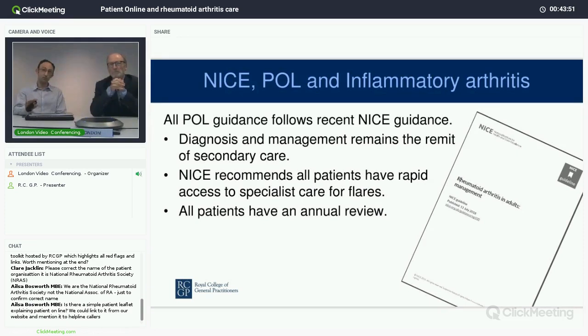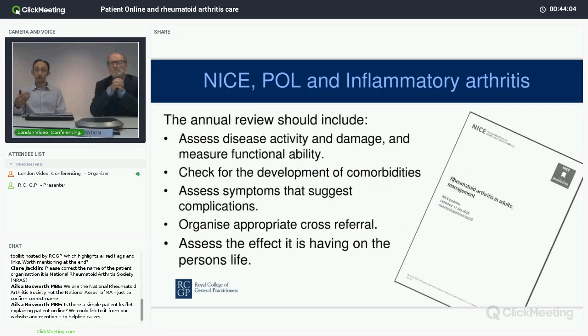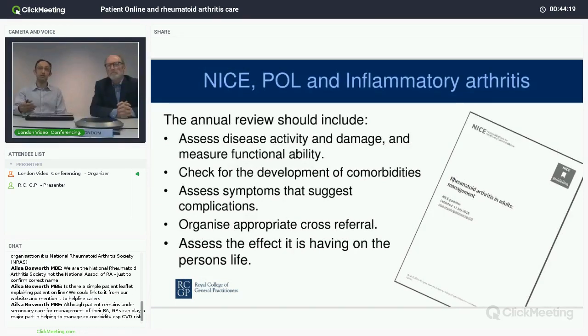What NICE do recommend is that all patients have an annual review, and often patients who are very stable will have been discharged from secondary care, although they will still be on regular medications. That annual review includes assessment of disease activity, a measure of how they're getting on now, and that could be the HAQ score, which is recommended by NICE, or their DAS-28. All these things can be done by the patient.